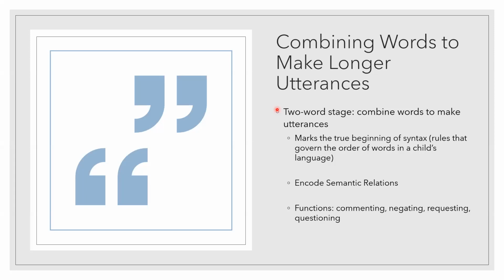They start to put more than one word together at the same time, like "mommy go," "want juice," "want milk," things like that. And as this says, it marks the beginning of syntax, because when you only have one word, there's no need for syntax because syntax is about word order.